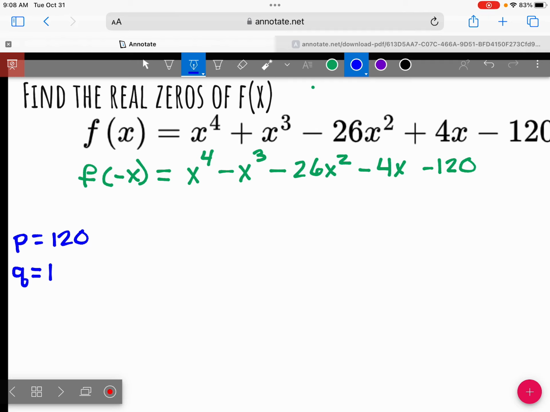So our list of factors of p, I'm just going to go sideways from here. So 120 times 1. What else do we have that's a factor of 120? 2 and 60.